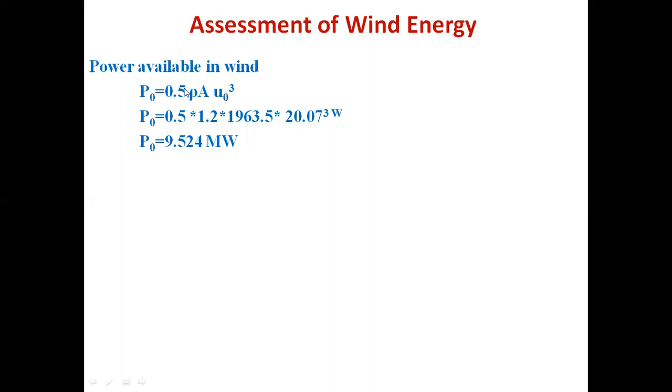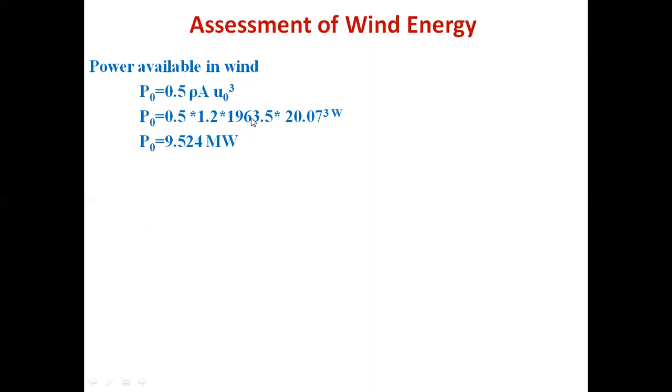So it is half or 0.5 into rho into A into U0 or V80 cube. The density of the wind is given, and as I told you, whatever density of the wind is taken at the reference height, almost the same density is taken at 80 meter height also. It was given in the question that density of the wind was 1.2 kg per meter cube.